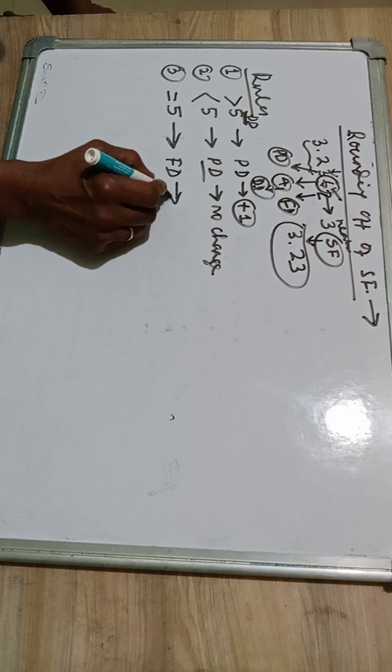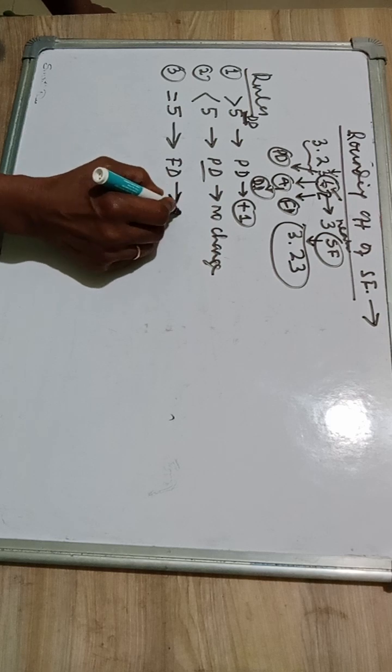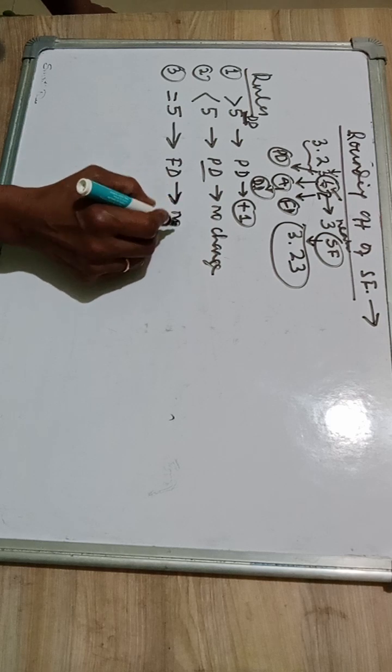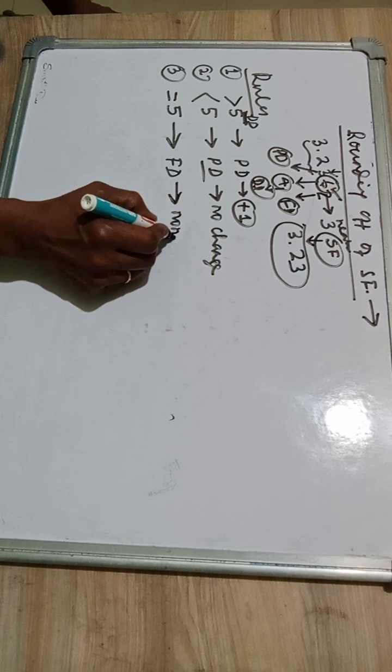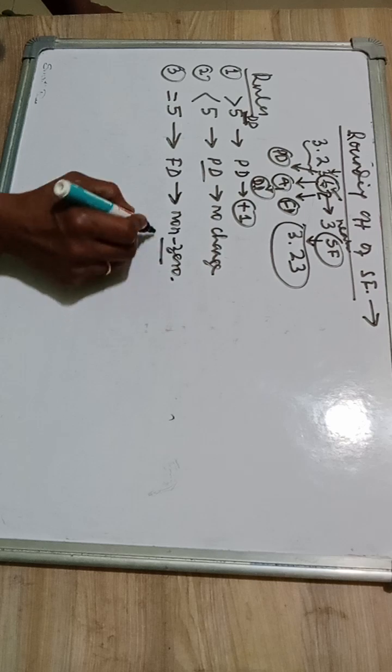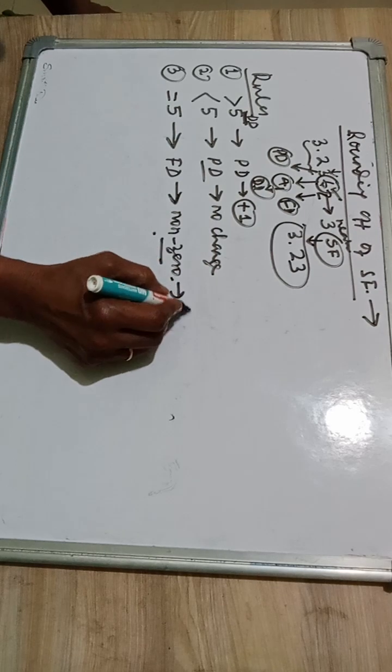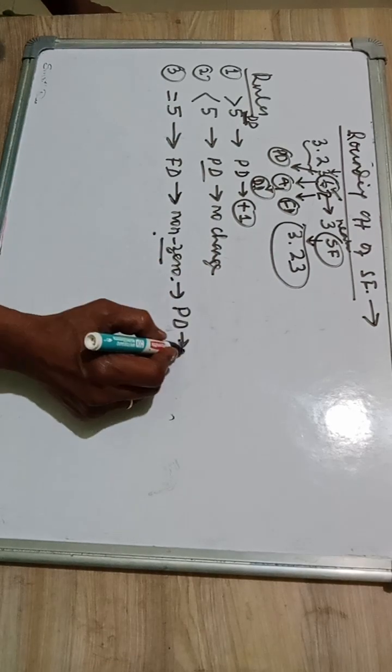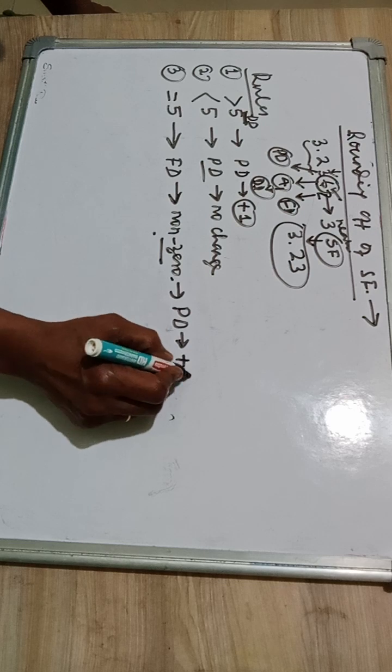If the following digit is non-zero, then the previous digit will be increased by 1.